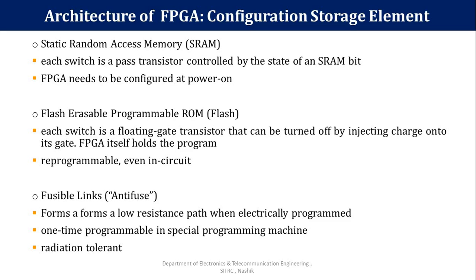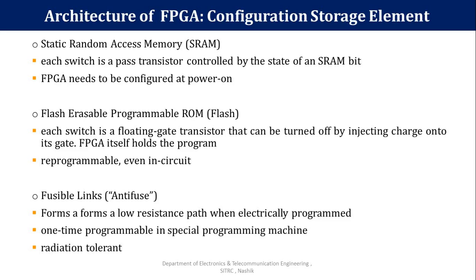Here in the SRAM, each switch is a pass transistor and it is controlled by the state of the SRAM bit. In this case, the FPGA needs to be configured at power on. At the start, the FPGA has to be configured.